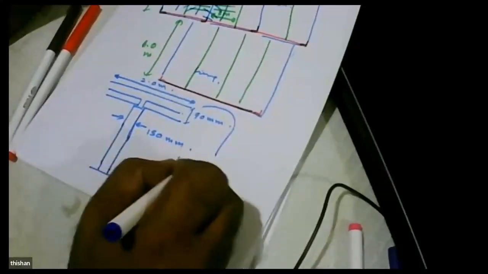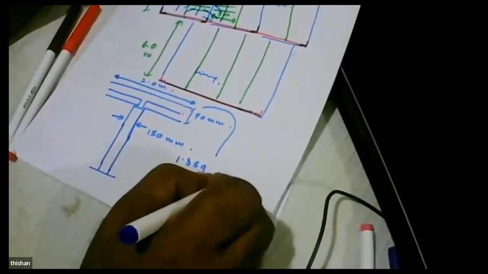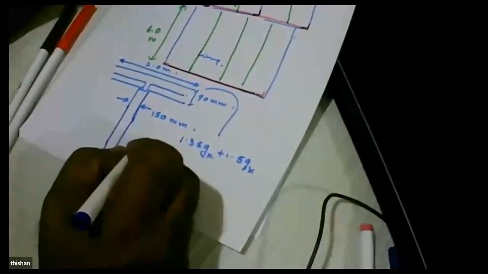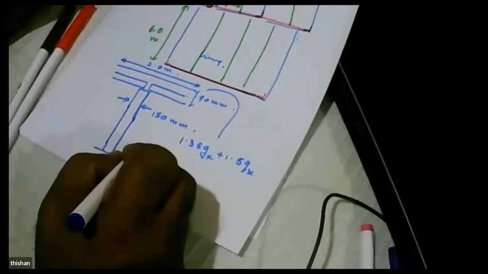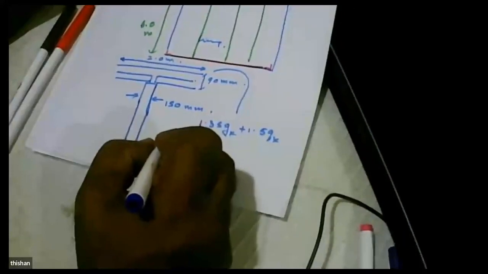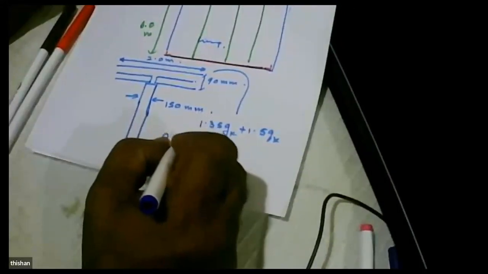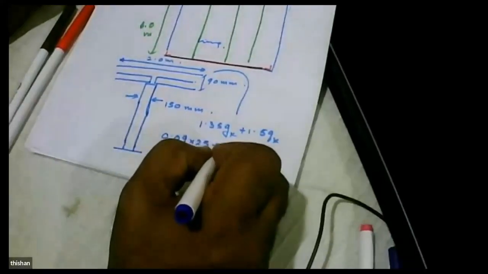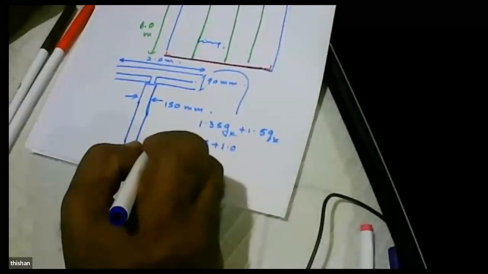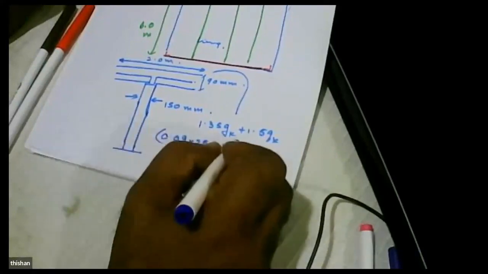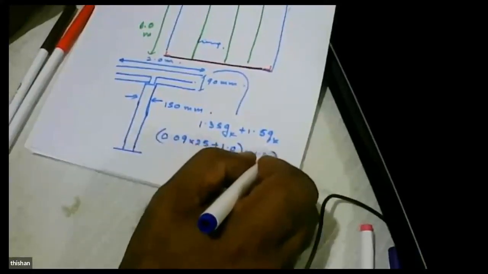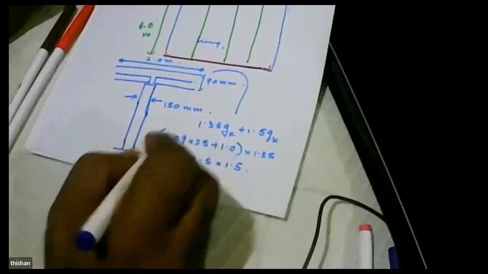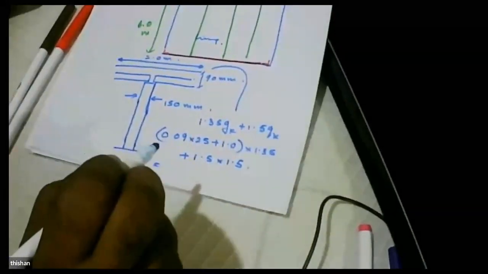It is given by 1.35 Gk plus 1.5 Qk. Gk will be the weight of the slab, which is 0.09 into 25, plus we can allow about 1.0 for finishes. We multiply that by 1.35, plus 1.5 times an imposed load of around 1.5.